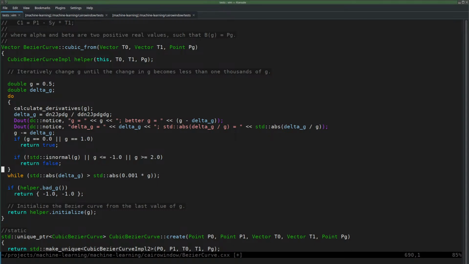It's totally broken, but I'm gonna fix it in a second.